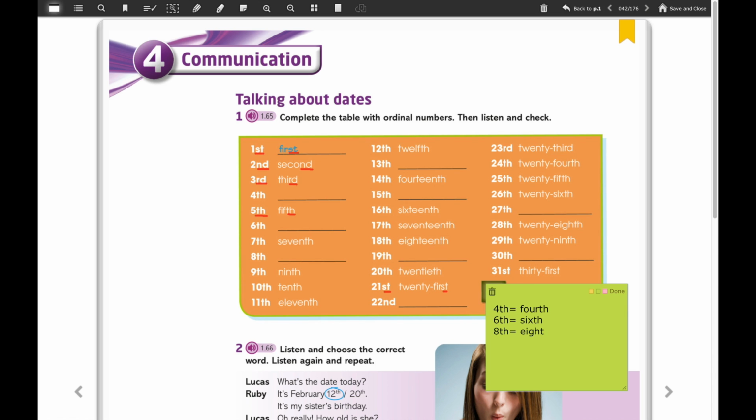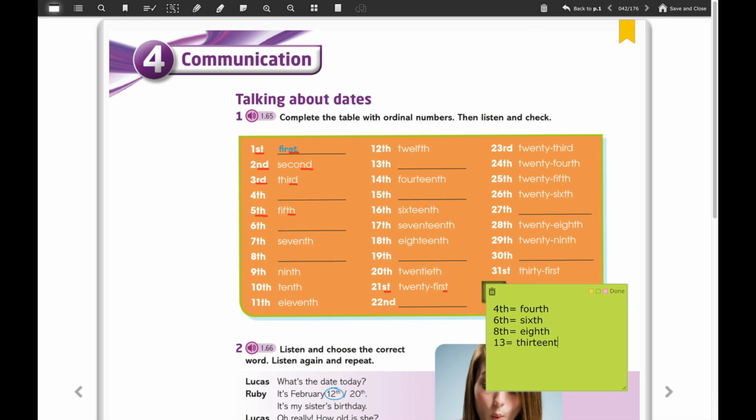You cannot use it in this form. It could be a very common mistake that you must add another TH. No, that is wrong. You're going to use only another H, okay? Then we have the number 13, and we're going to write it in this form. Give me one moment. You're going to write it like this, 13th.